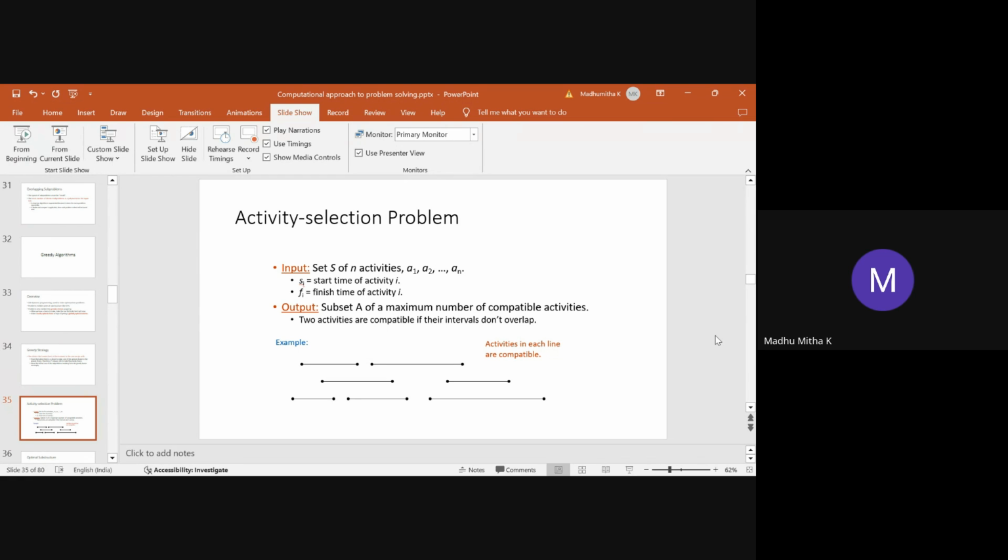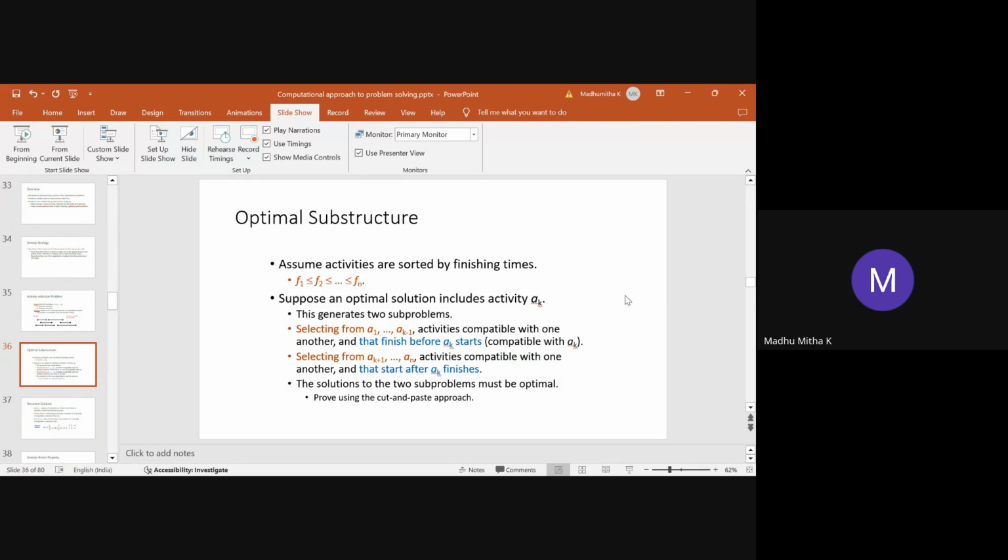Suppose here, if I am taking the start time of the activity i and finish time of the activity i, it's not that I'm going to update my greedy choice only at the point of S1 and F1. Okay, so at each state of the activity, I will keep on updating my greedy choice so that it can achieve the global optimization.